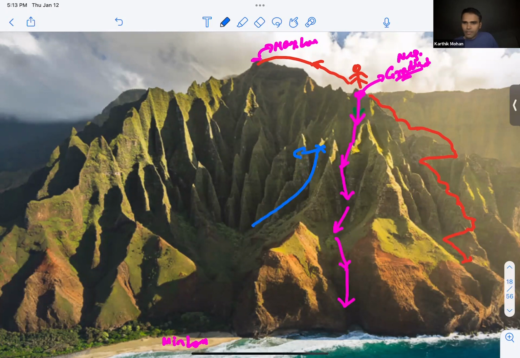If I keep going left, I will go up. Does it make sense? So I shouldn't keep going in the same direction. I shouldn't take a big step, because if I take a huge step, I'll end up here. If I take tiny steps, I'm going to go here, here, here, and then here. I probably need to go this way, and I go this way.